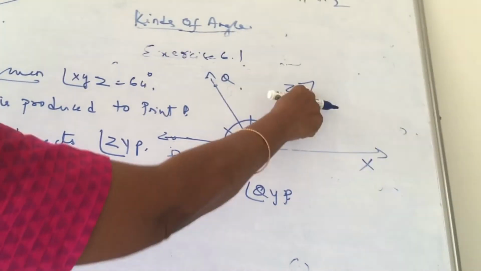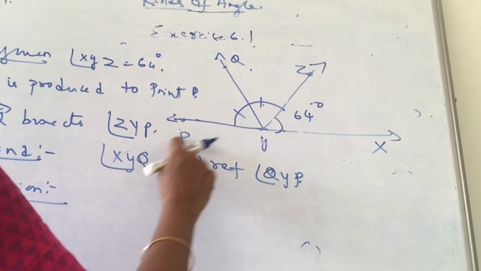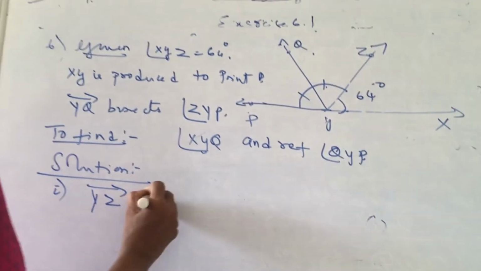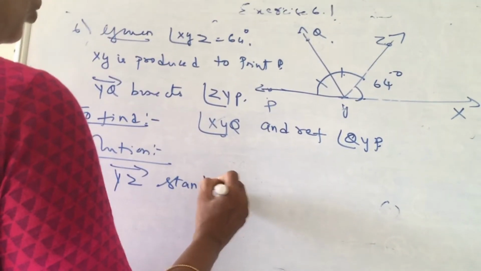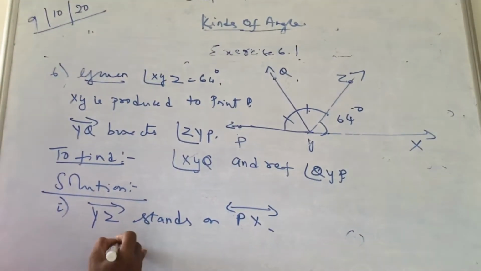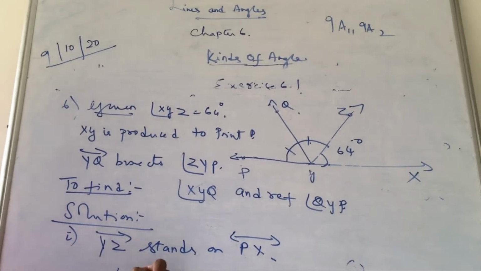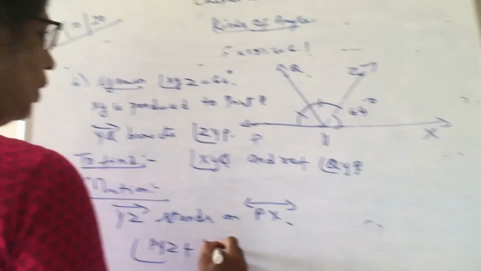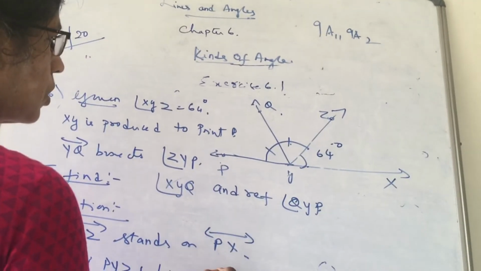What is YZ? A ray standing on the line PX. Ray YZ stands on what? PX. You are all experts now. Angle PYZ plus angle XYZ is how much? 180 degrees.